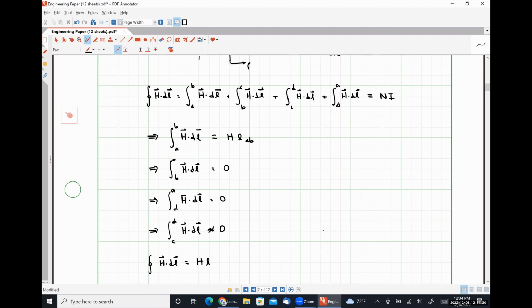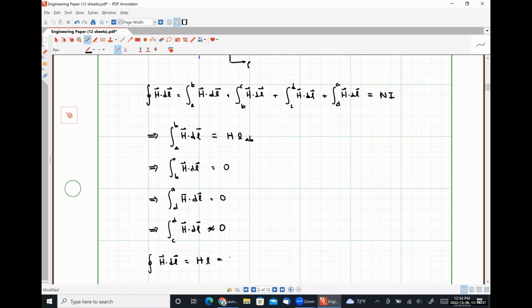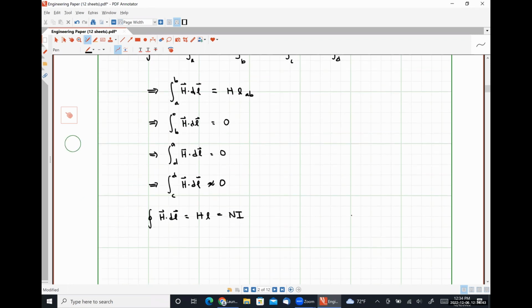If I do the whole length of the solenoid, it's got a different length, but it's just the length that I'm interested in. And this is equal to my total current enclosed by my contour, N times I. And from this, I can see that H is going to be N I divided by L.